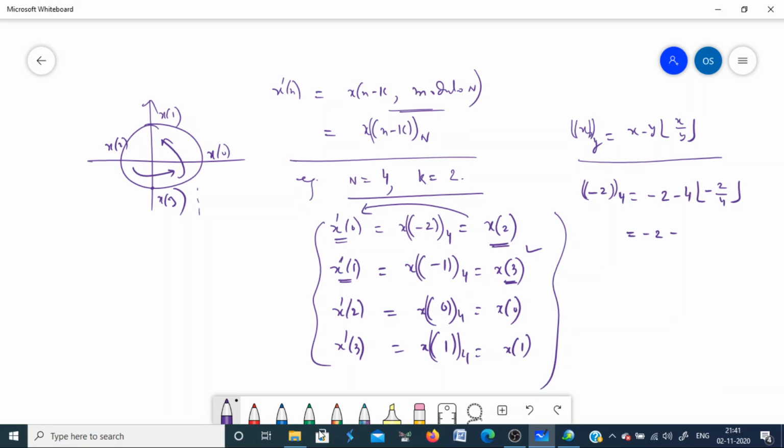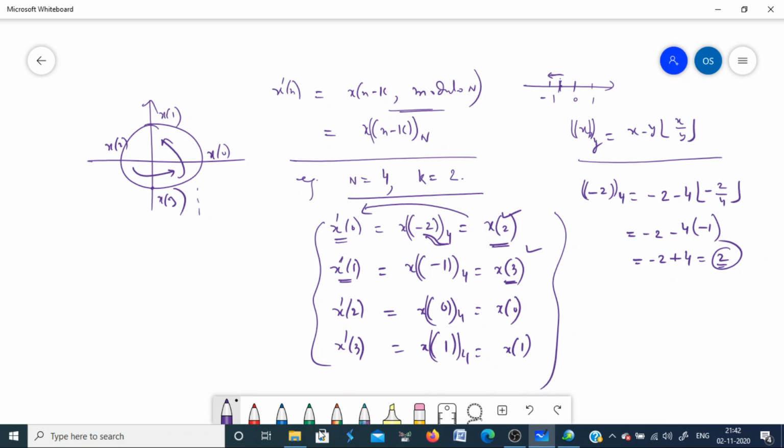So minus 2 by 4 is minus 0.5, this is 0, 1, minus 1, so minus 0.5. Okay, the lowest integer of minus 0.5 will be minus 1. So it is minus 2 plus 4, and that is equal to 2. So minus 2 modulo 4 is 2. This is how we define the modulo n operator.